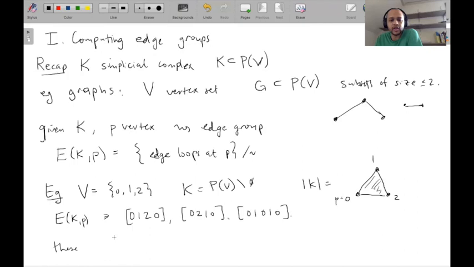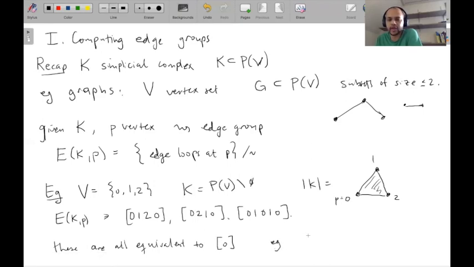Note though that these are all equivalent, or they define the same element as the constant path.